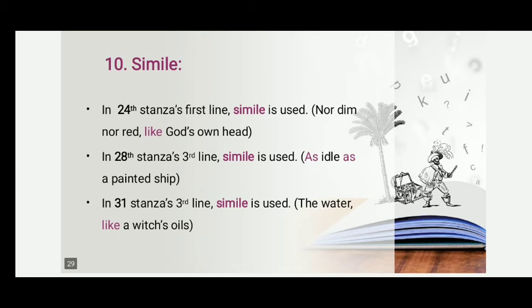Second, in the 28th stanza, third line, simile is used: idle as a painted ship, with the use of as. Third, in the 31st stanza, third line, simile is used: the water like a witch's oils.